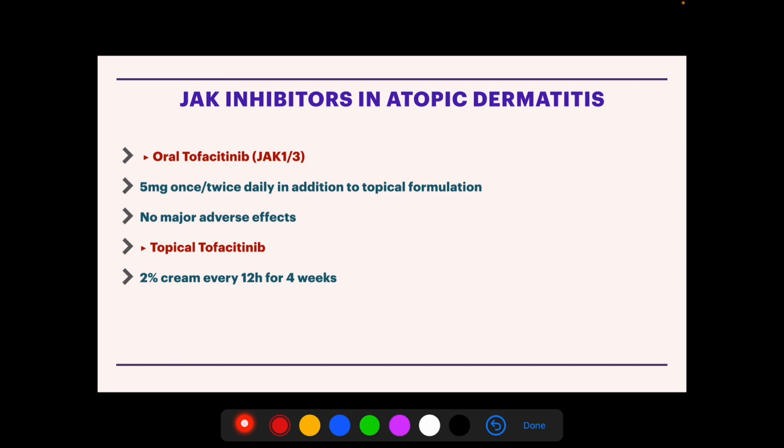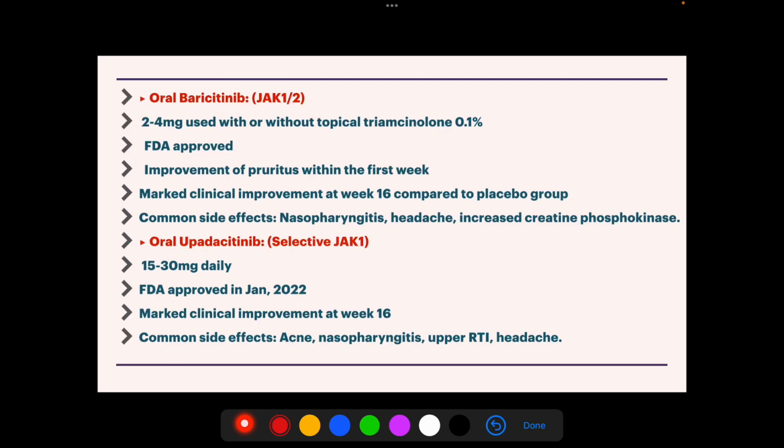JAK inhibitors used in atopic dermatitis are oral Tofacitinib 5 mg twice daily with no major adverse events. Then topical Tofacitinib 2% cream every 12 hours for 4 weeks. Next is oral Baricitinib 2 to 4 mg used with or without topical triamcinolone 0.1%.